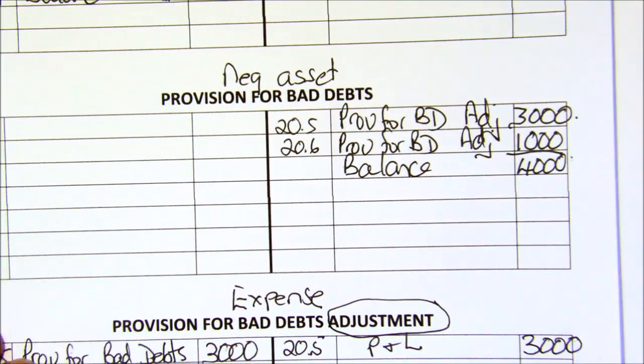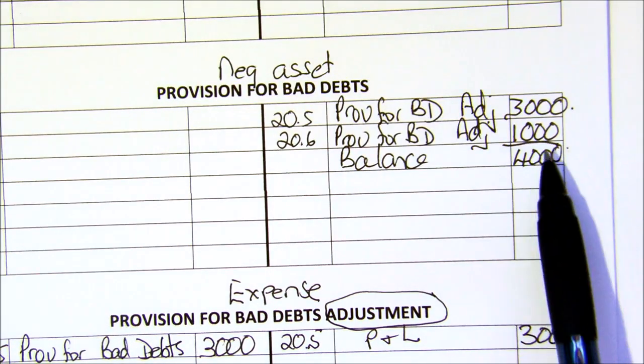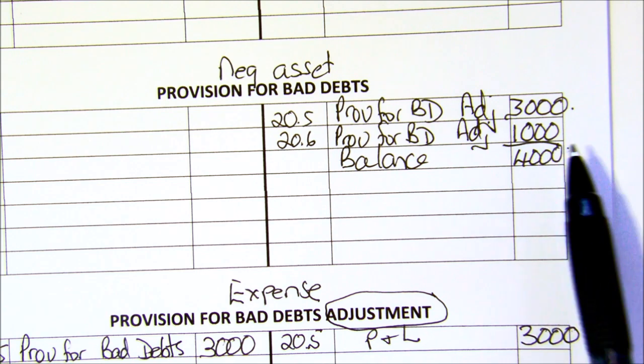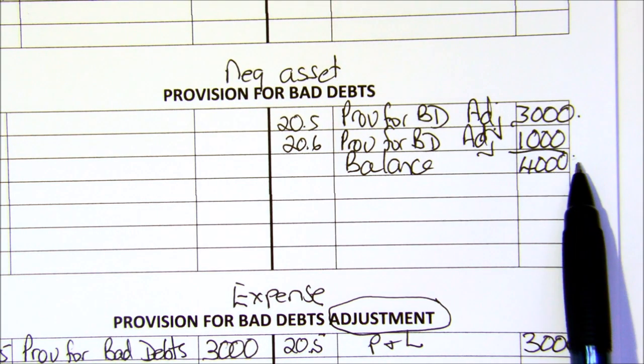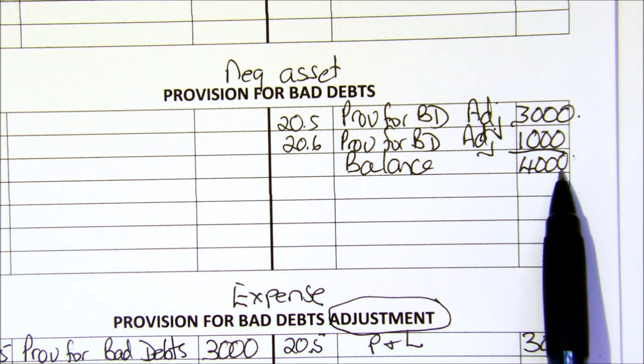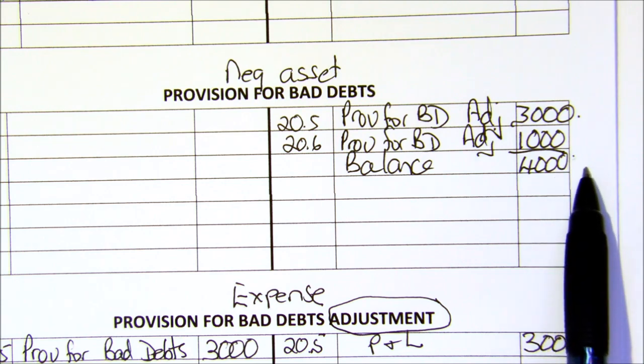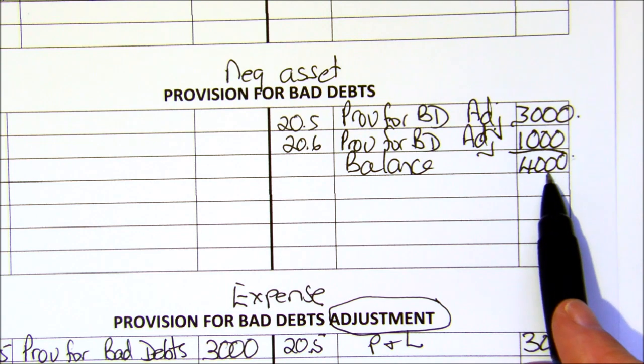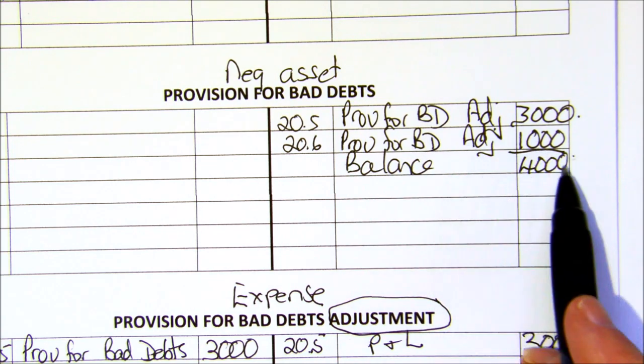Now, if we look at this provision for bad debts account, we've got a balance of 4,000. We need to adjust this so that the balance is equal to 2,500, the 10% of your debtors. So in this case, I'm going to have to minus off this.